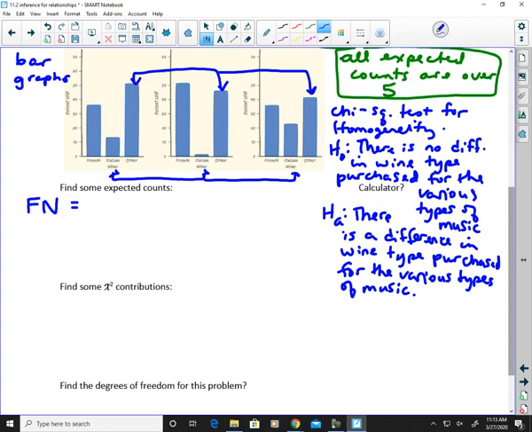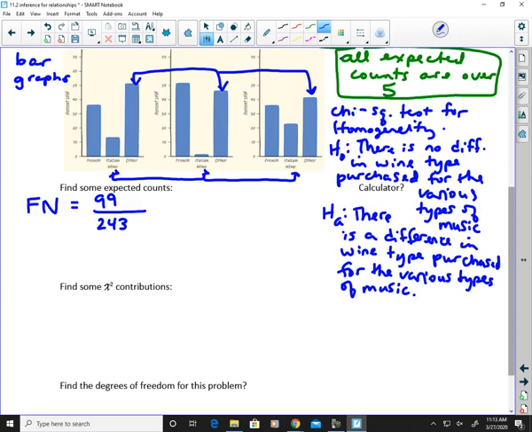For French wine, you expect 99 out of 243. You expect 99 out of 243 to be French. You expect 31 out of 243 to be Italian.